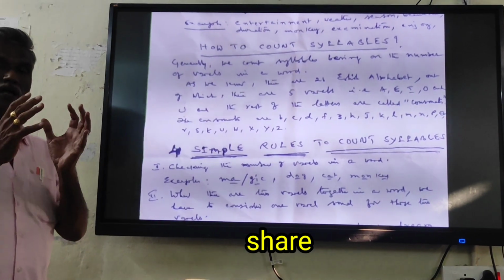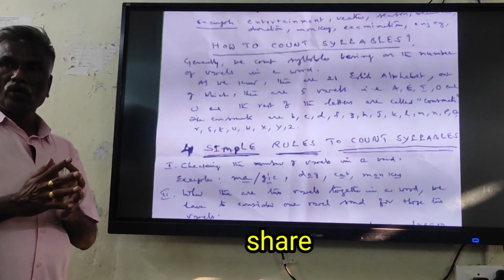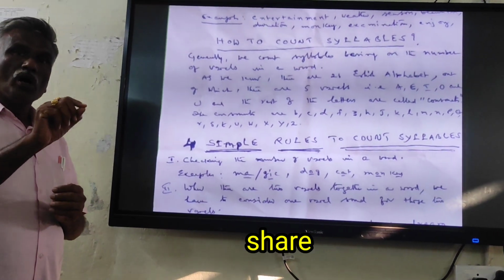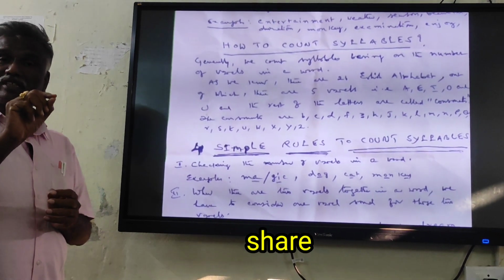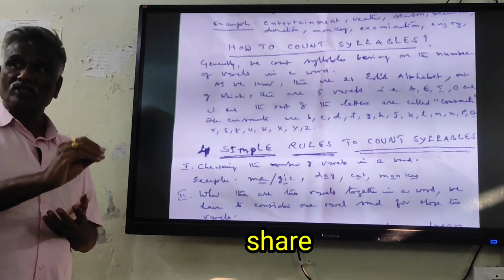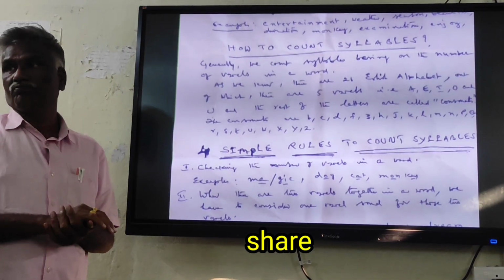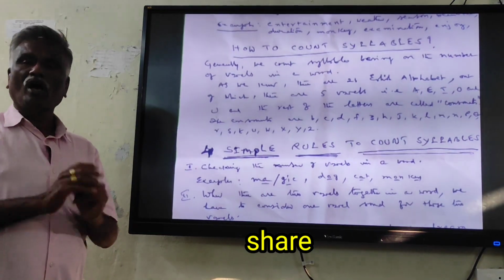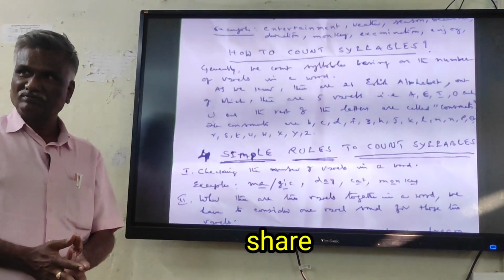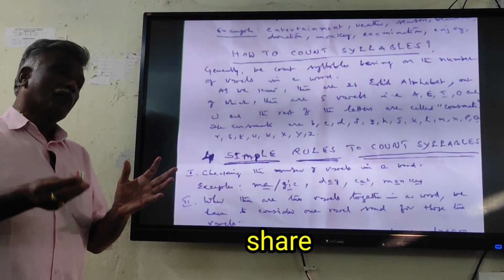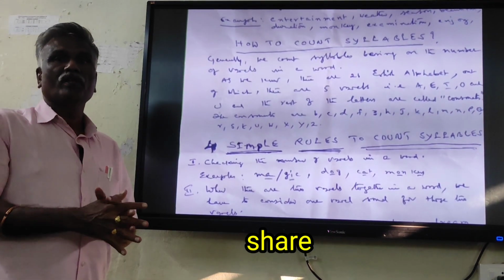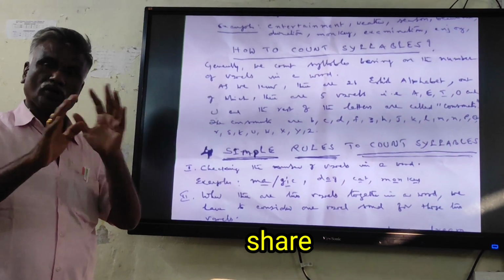First, check the number of vowels in your word. You take your word first and count how many vowels it has. So, by taking vowel sound into consideration, you divide syllables. That is the first rule.